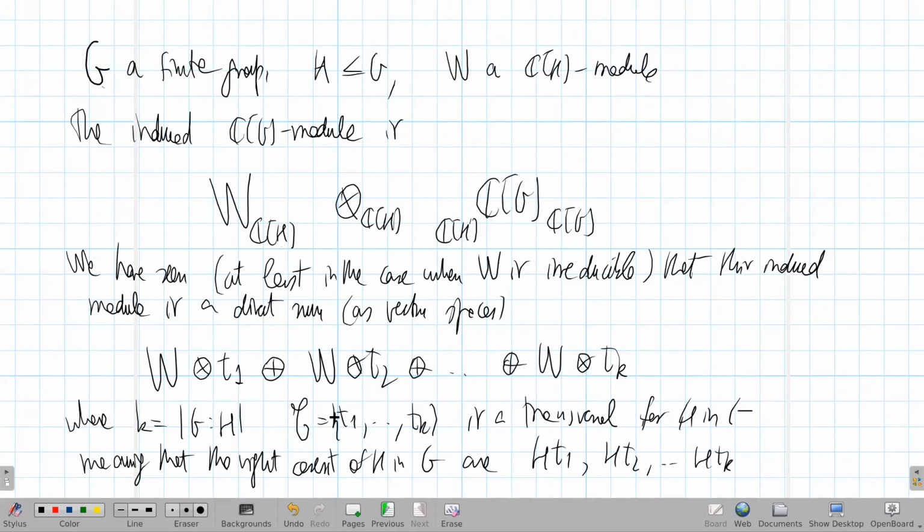I have written T1, but we take the assumption that T1 is 1. One of these cosets has to be H, and suppose it's this, and we choose as representative 1. This is just for simplicity.